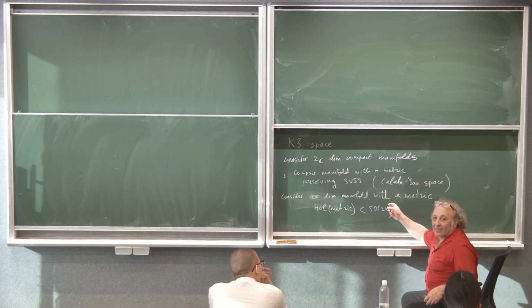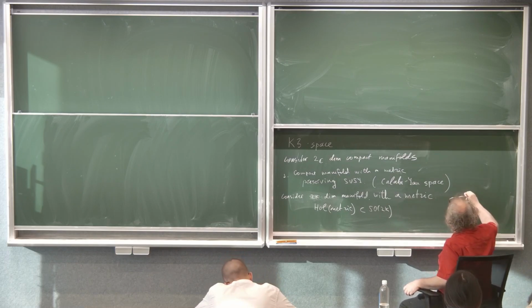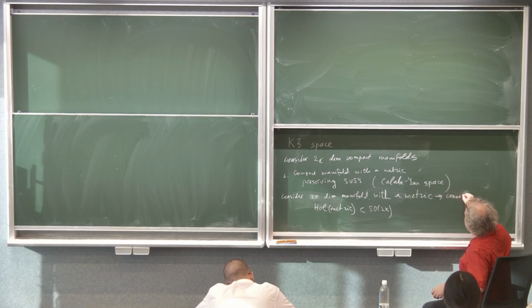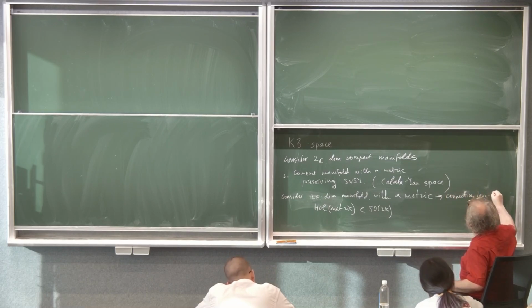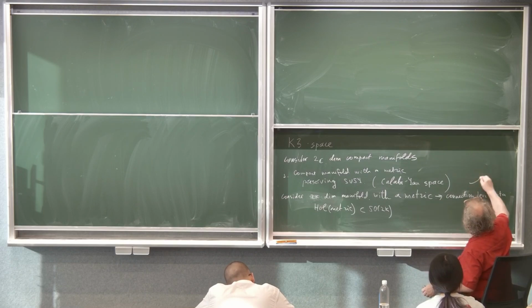I am explaining it this way. I start with a manifold with a metric. It has a holonomy. Holonomy means that we have a connection, the Levi-Civita connection. And this connection has holonomy.